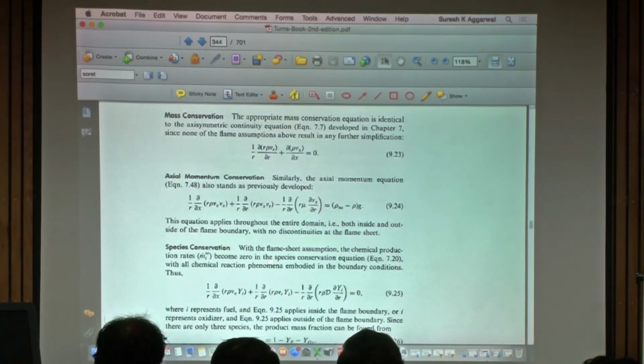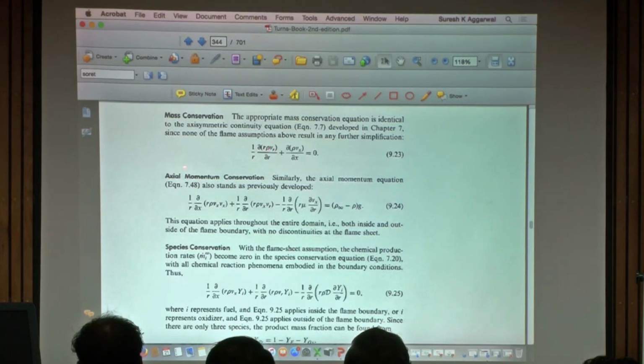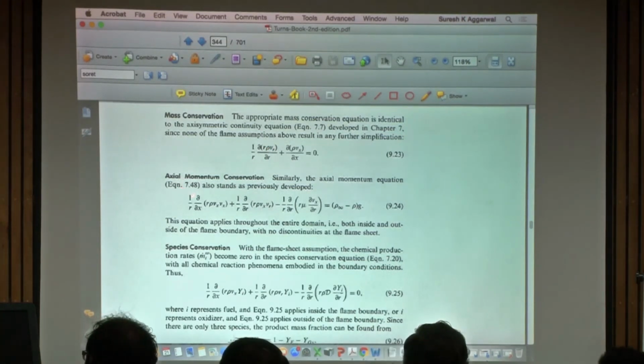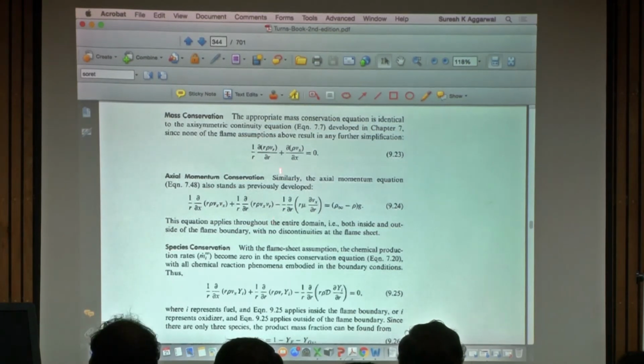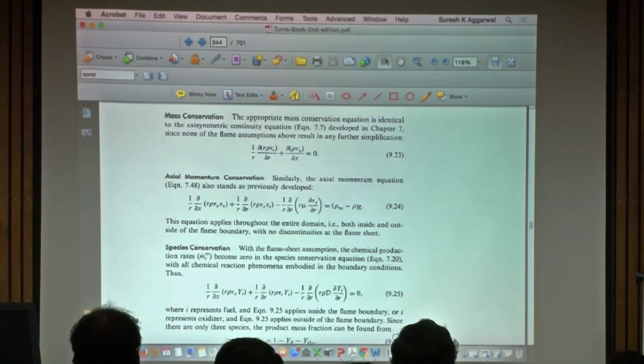Okay. Now, for constant density, we will make another assumption, the rho is constant. Okay. So, when the rho is constant, then of course, buoyancy term automatically drops out. Okay. So, then the equations are further simplified, and those are the equations we will consider in the first part of the analysis.